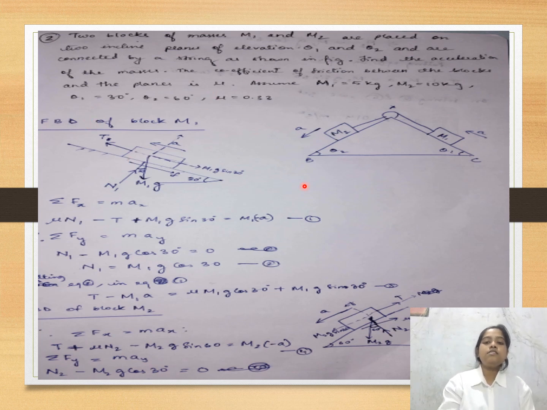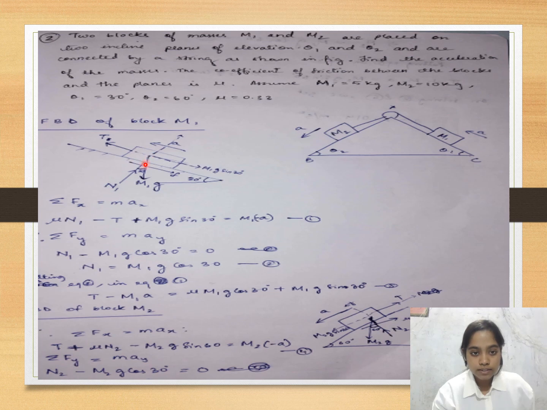So for this diagram, first we need to make an FBD for the different blocks. We just made the FBD of block m1. We can see acceleration is in the upward direction. Obviously there is a tension in this string, and this is theta 1, which is 30.